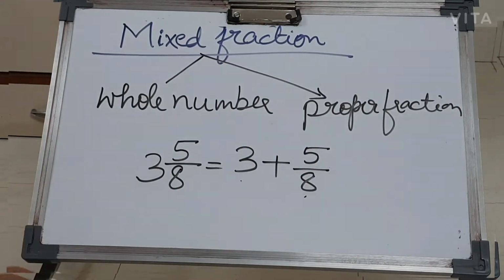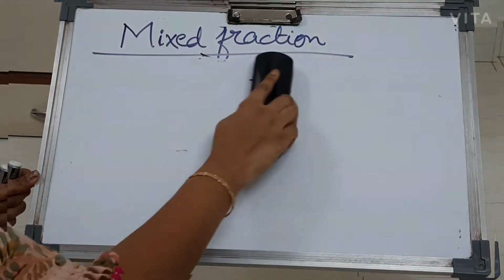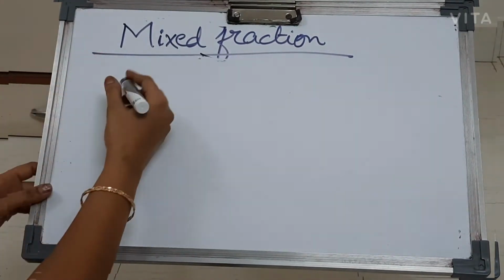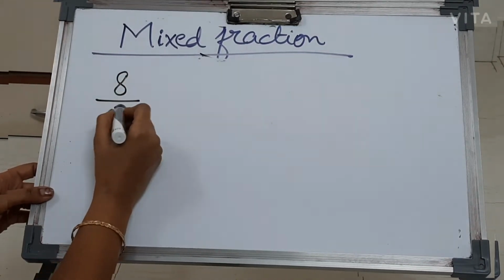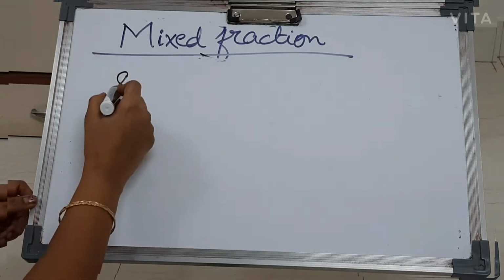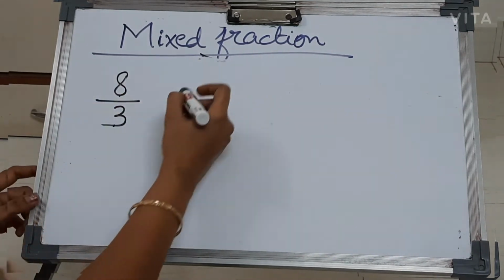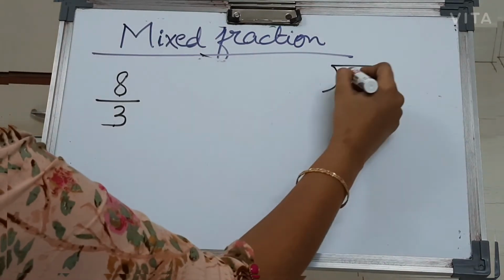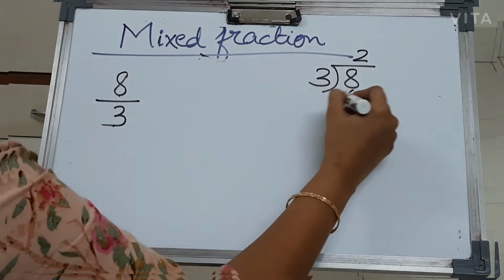Now how will we convert an improper fraction into a mixed fraction? Suppose I take an example, 8 divided by 3. This is an improper fraction as the numerator is greater than the denominator. Now I will divide 8 by 3. 3 2s are 6.